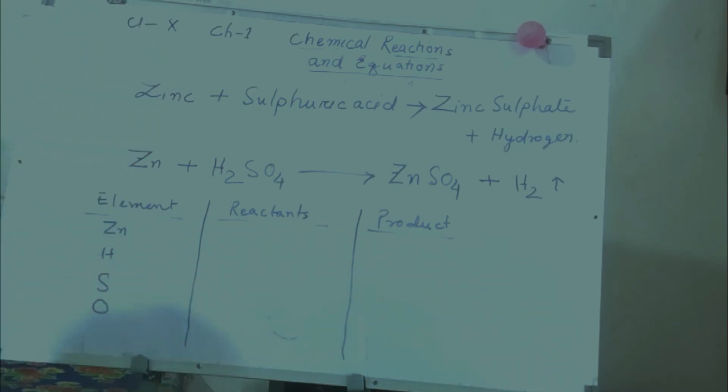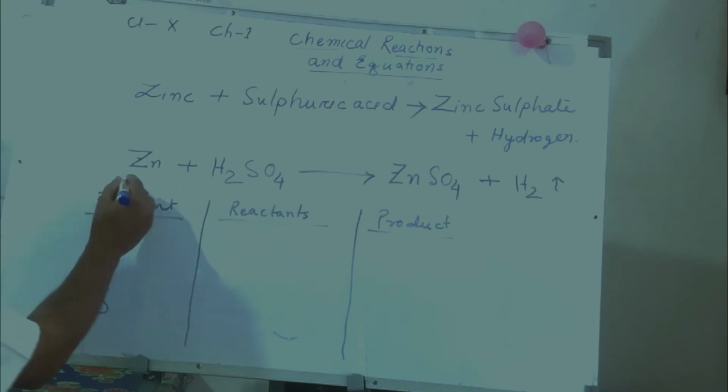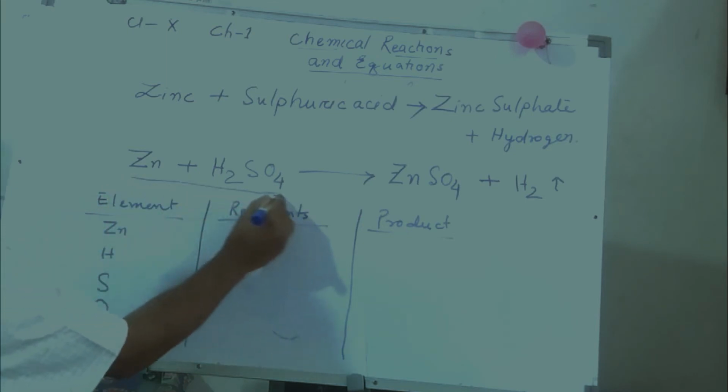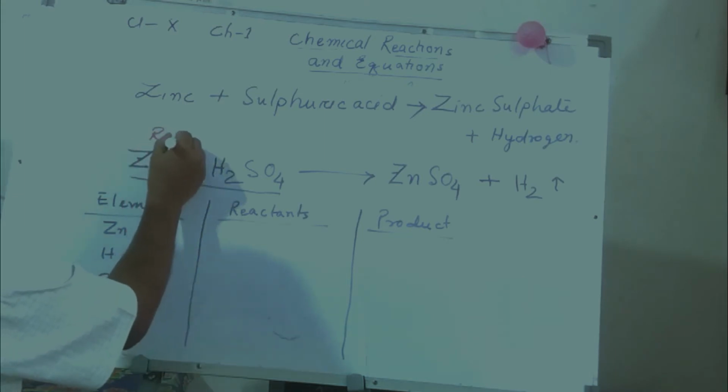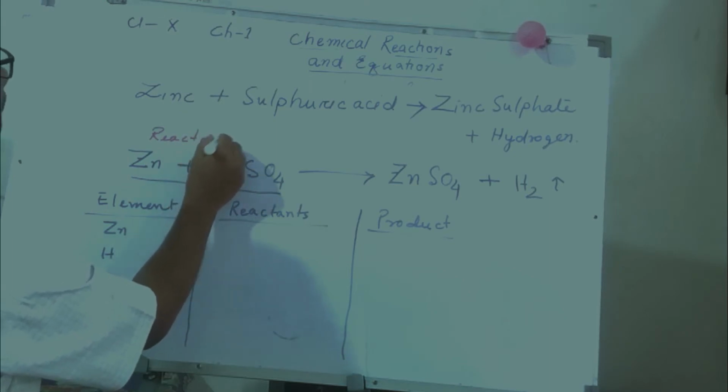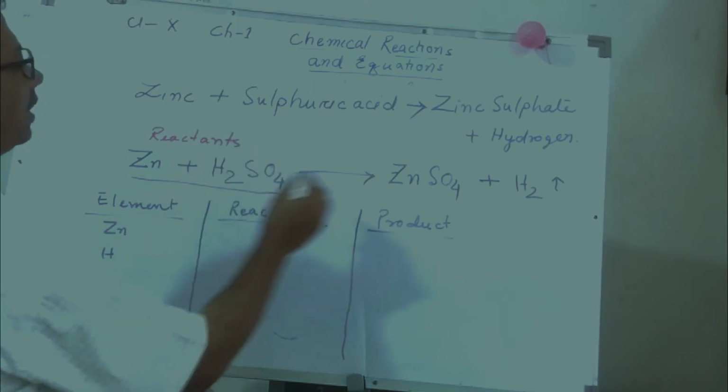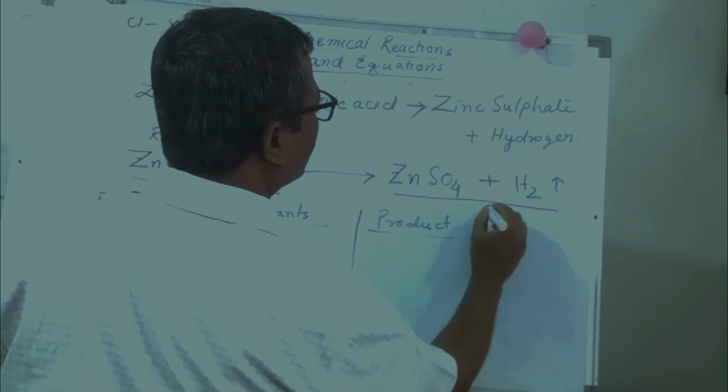Now you see, this is the reactant place. These are the two reactants. And this is the products.